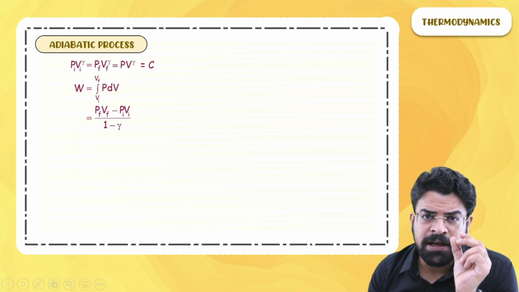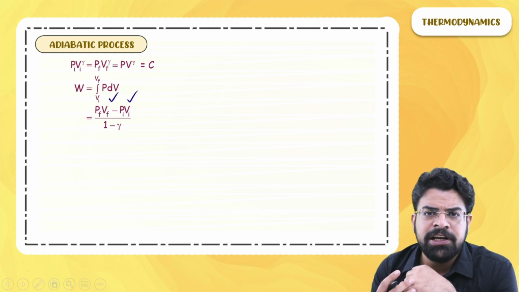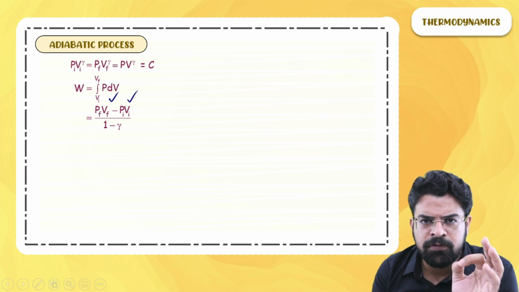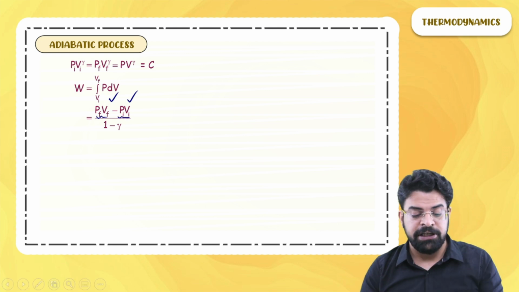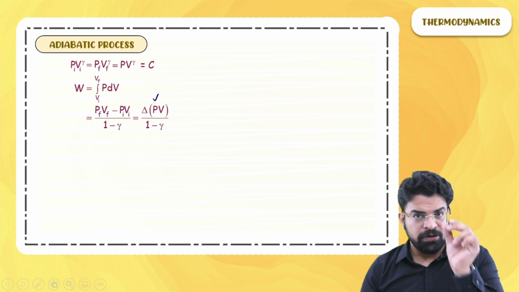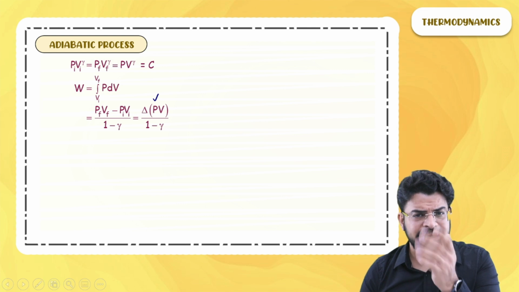What is the work done in an adiabatic process? P final V final minus P initial V initial upon 1 minus gamma. You can write this P final V final minus P initial V initial also as delta PV, because delta PV is P final V final minus P initial V initial.